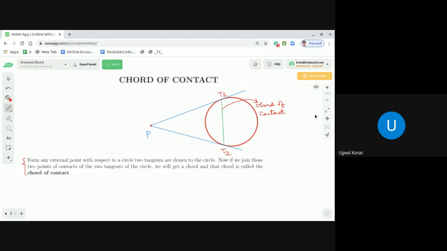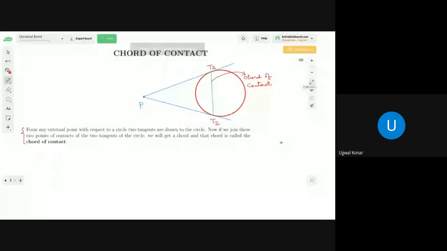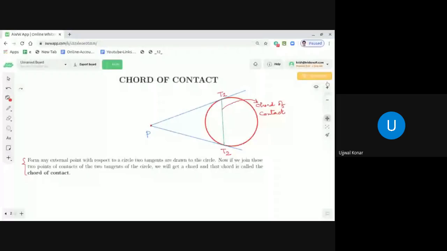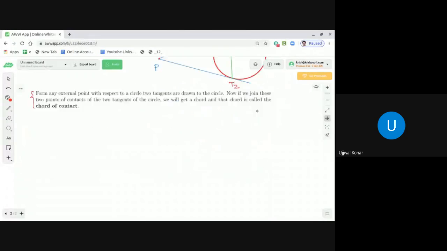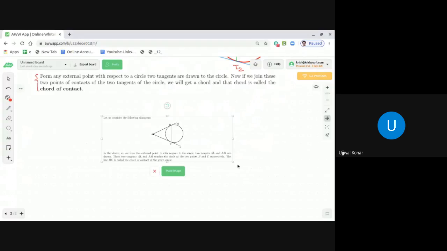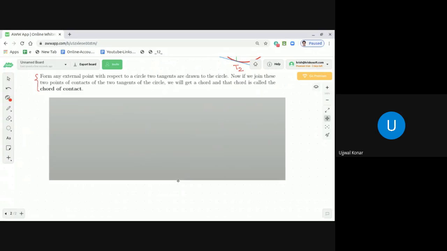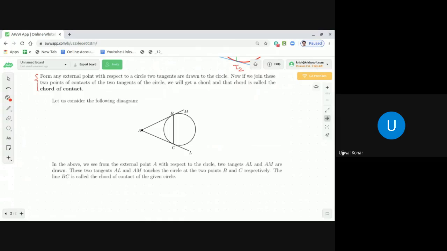Though I explained, I'm just showing it once more. Here also, let us consider the following diagram. Here, the way I explained, you see BC is called the chord of contact of the given circle.